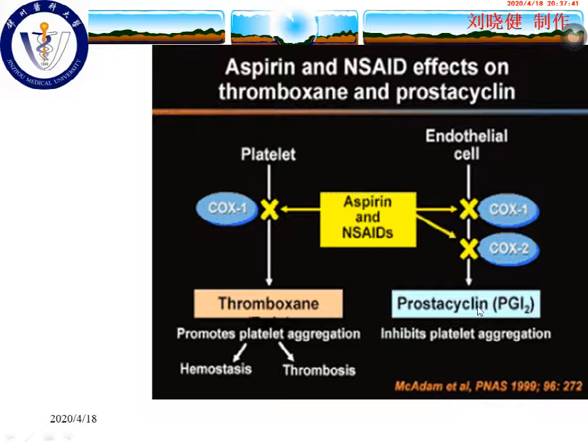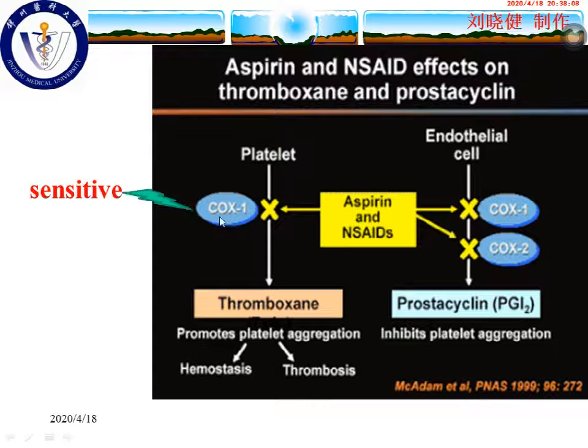So the net effect on platelets and blood vessels depends on the balance of these two prostaglandins. But the sensitivity of the COX in different places, platelets or endothelial cells, is different.